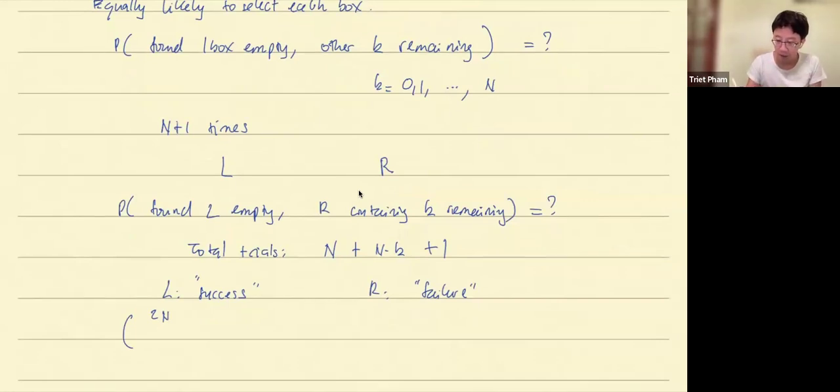So out of 2n minus k plus 1 trials, we want the last one to be a success, the last one to be the reach into the left. So out of the previous 2n minus k trials, we want to choose n times the person reaches into the left pocket.